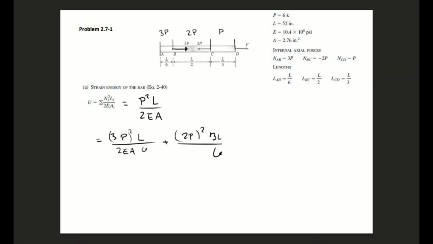I've kept everything so that we have a common denominator, so multiply the L over 2 by 3, 2EA. Plus this last section, P squared, and to get the common denominator, divide top and bottom by 2, so that's 2L over 2EA over 6.